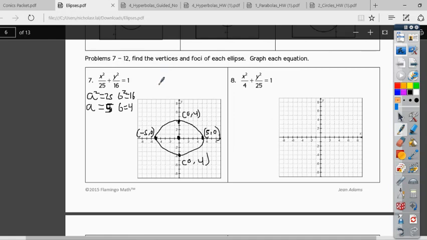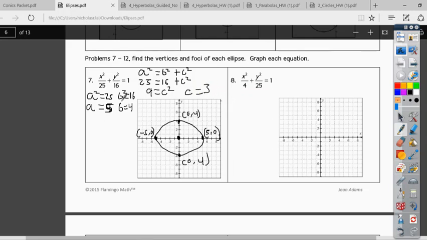And then we need to find the foci. With an ellipse, a squared is equal to b squared plus c squared. So 25 is equal to 16 plus c squared. 9 is equal to c squared. C is equal to 3.